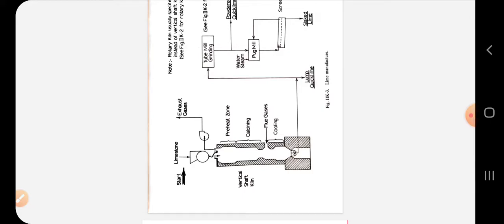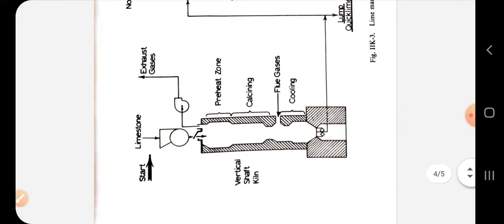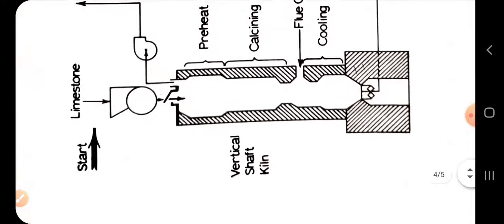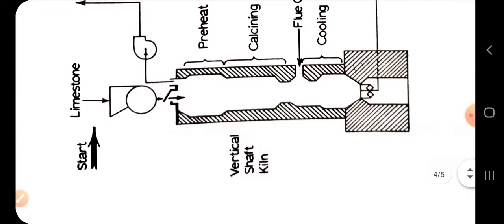So this is the process flow diagram for manufacturing lime using the quicklime process. We'll start with limestone. Limestone is quarried and put on conveyors feeding the mills into the crushing unit. This is the crushing unit and mill.